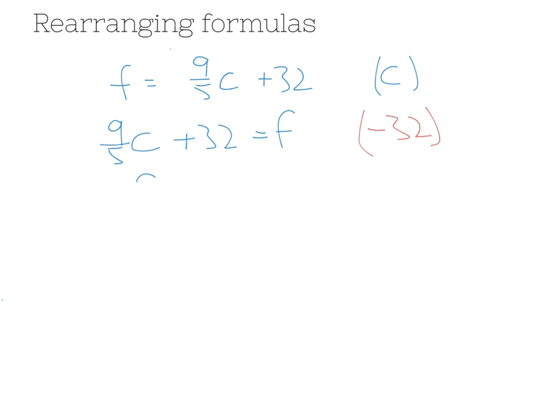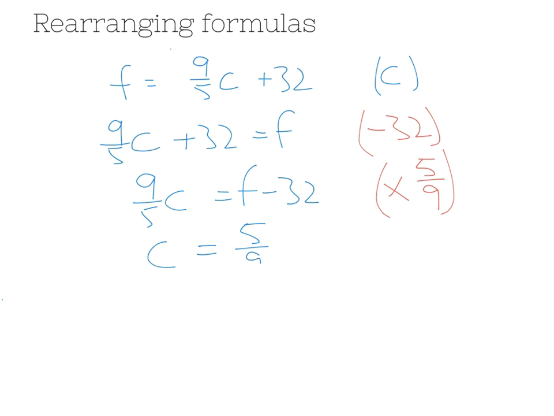So we have 9/5 of c equals f minus 32. To get rid of the 9/5, multiply by the reciprocal, or the fraction flipped. So we multiply both sides by 5/9. That leaves us with c equals 5/9 of f minus 32, which have to go into brackets.